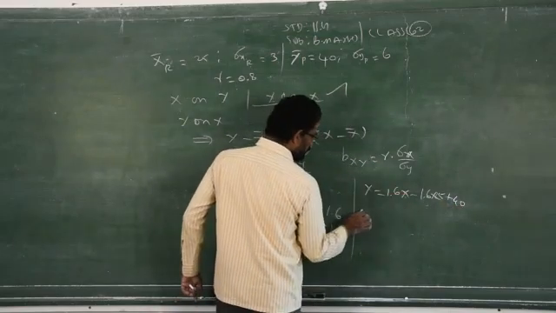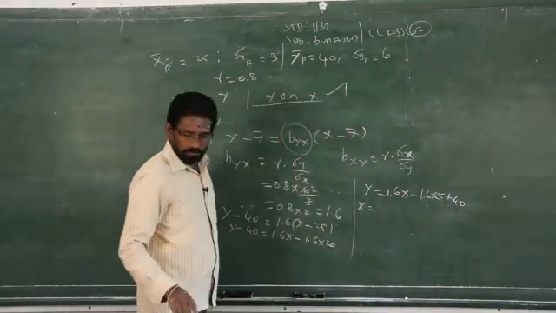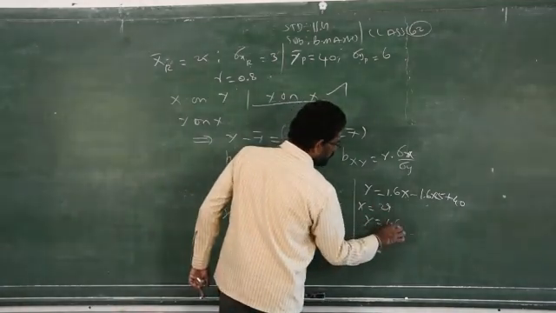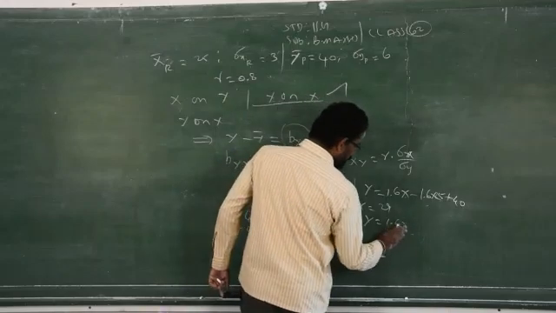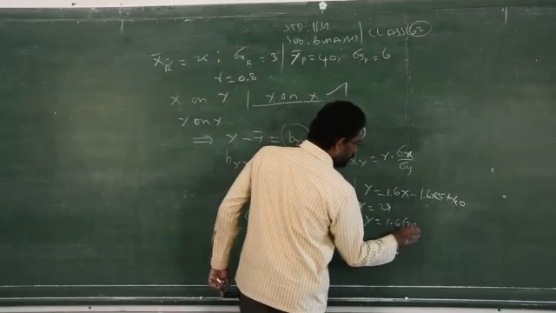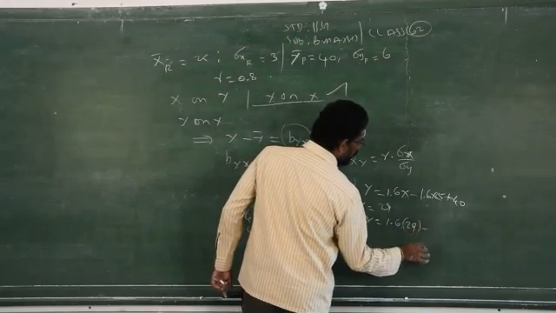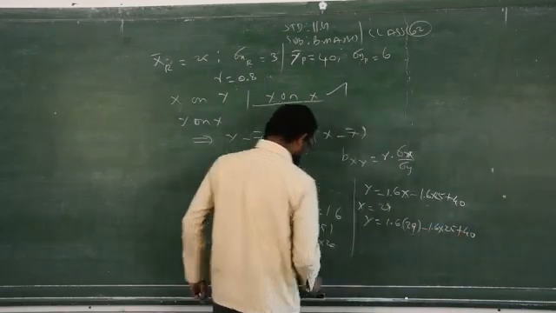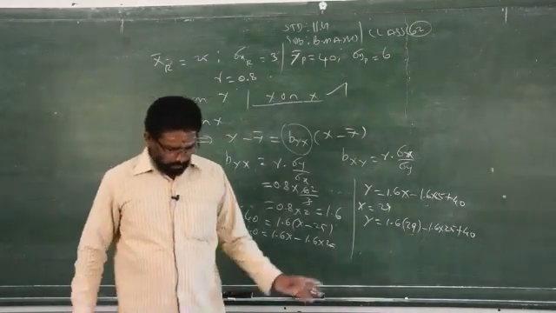Simplify. At that stage you have to replace x by what is given, the rainfall is given, 29. So, y is equal to 1.6 times, in the place of x you write 29, minus 1.6 into 25, plus 40. Simplify, you will get the required answer.